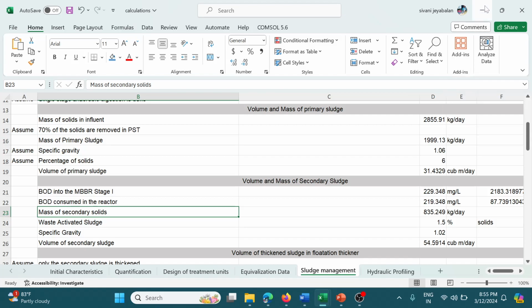Now you apply the same thing in the formula.